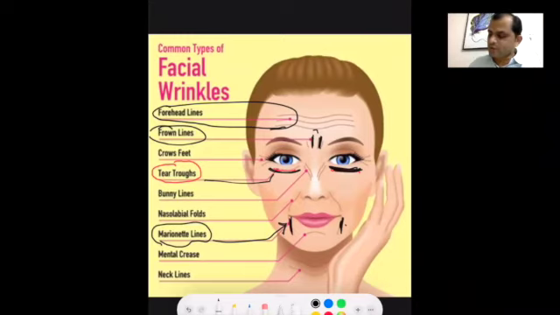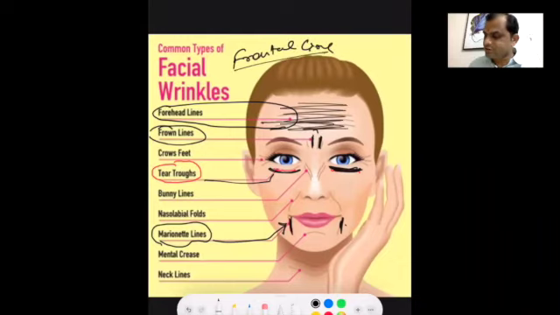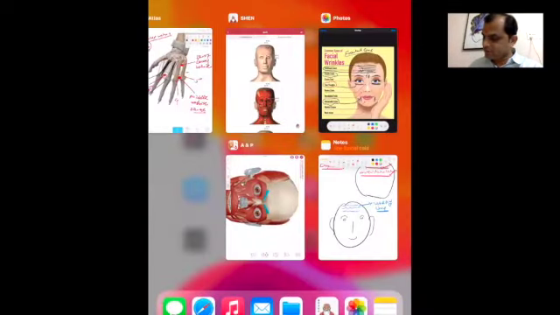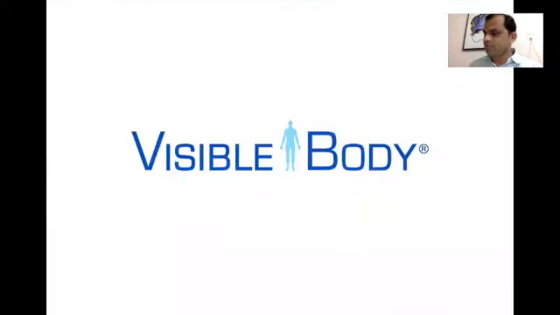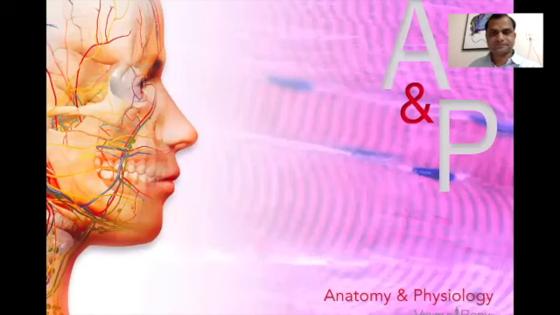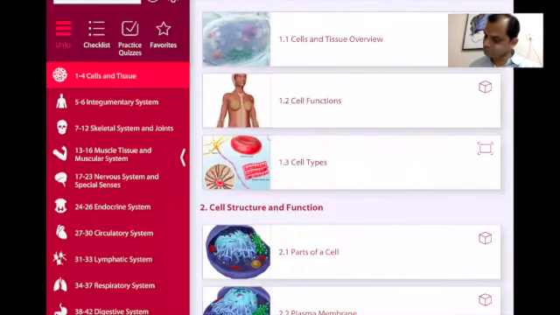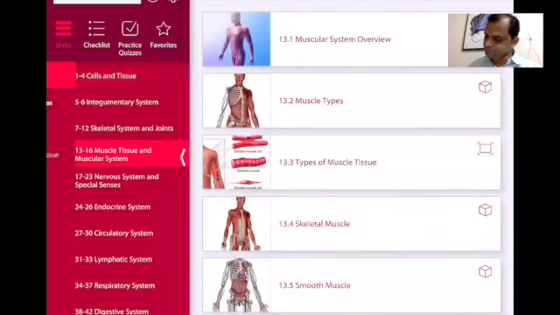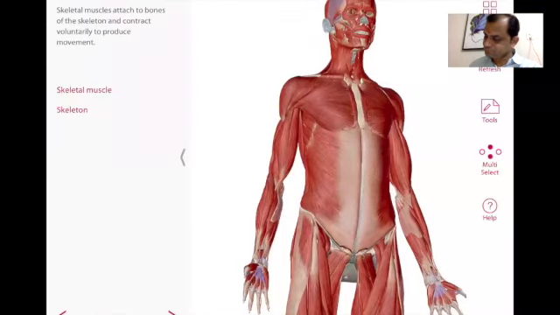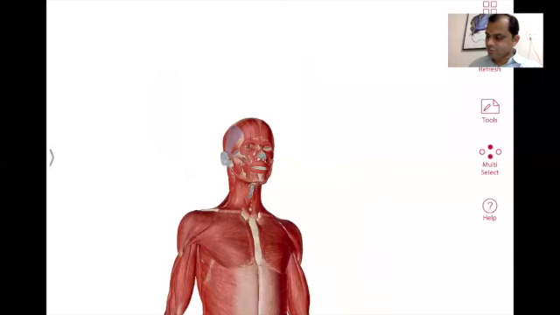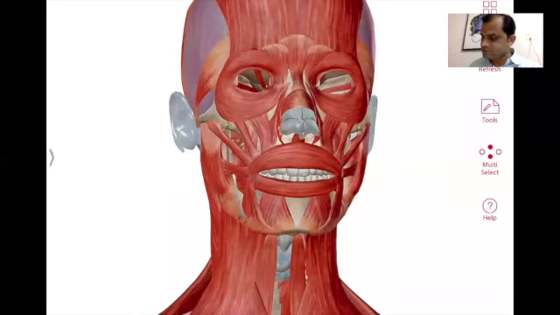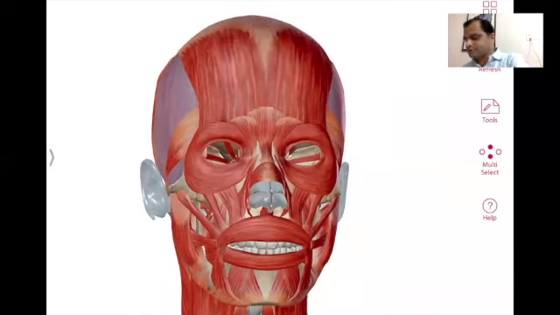Or many times we also call them frontal lines because the name of this muscle is frontalis. These lines are developing on the frontalis muscle. So if someone is suffering with these lines, we have to treat the earth element.